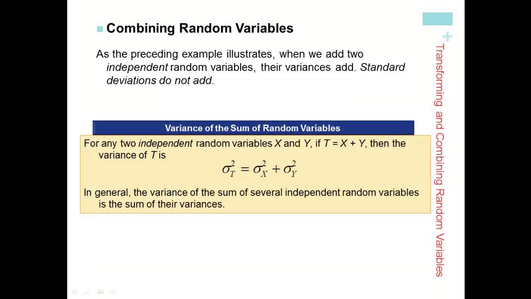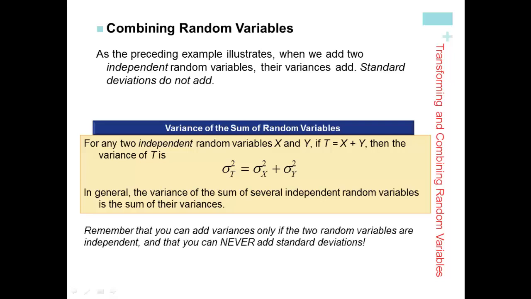So for any two random variables X and Y, when you add them together to get the total, the variance of the total will equal the variance of X plus the variance of Y. In general, the variance of the sum of several independent random variables is the sum of their variances. Remember that you can add variances only if the random variables are independent, and you can never add the standard deviations.